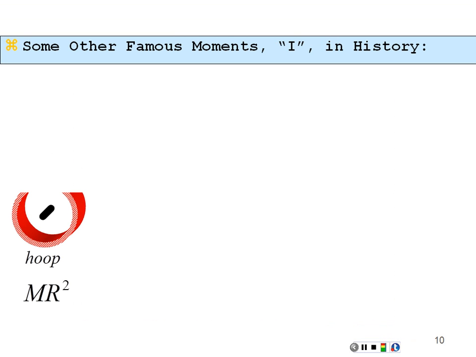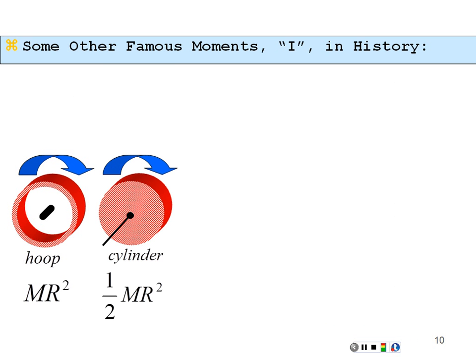Here are some other great moments in history. The hoop is a great moment in history that you should know. Its moment of inertia is mr squared. We just calculated the moment of inertia of a cylinder, a solid disk, and that is 1/2 mr squared, less than the hoop.